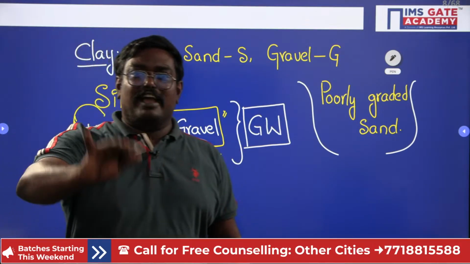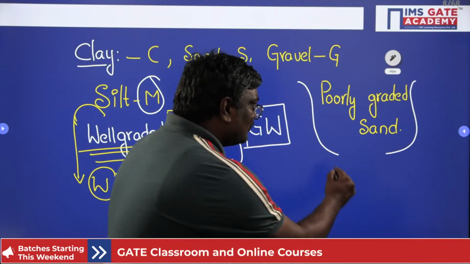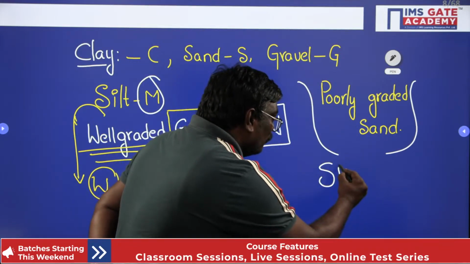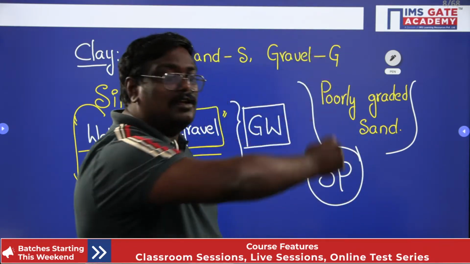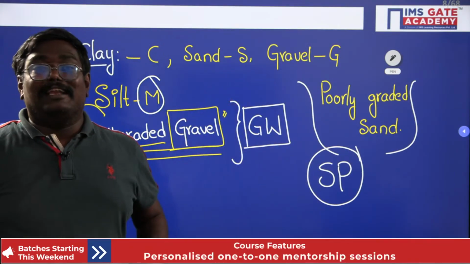Very good, Srujana, now you are on track. Sand is represented by S and poorly graded is represented by P. Very good answer. So here you are clear about well-graded or poorly graded.